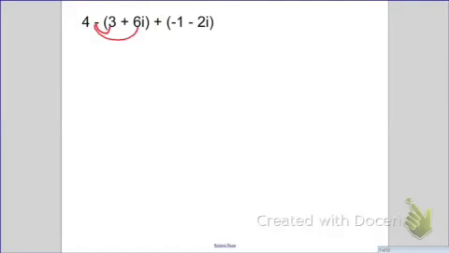So now I get 4, minus is still there, a negative and a positive 3 make a negative 3. A negative and a positive 6 make a negative 6. And then we just have plus negative 1 minus 2i. Now right here it says plus and negative. If you wish, you can just write down minus. That's fine too.